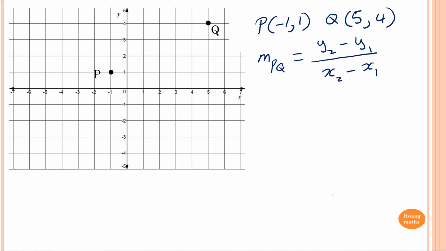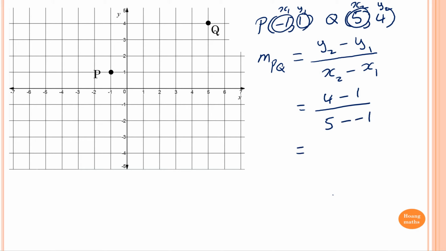We can name these 2 points: P is x1, y1, and Q is x2, y2. So y2 is 4 minus y1, which is 1, all over x2, which is 5, minus x1, which is minus 1.